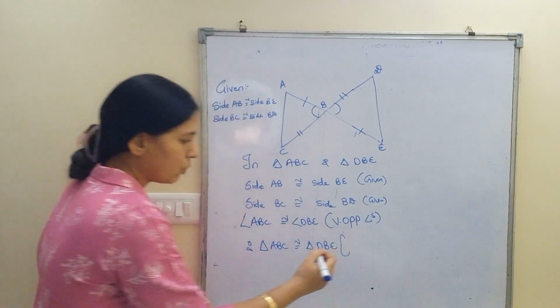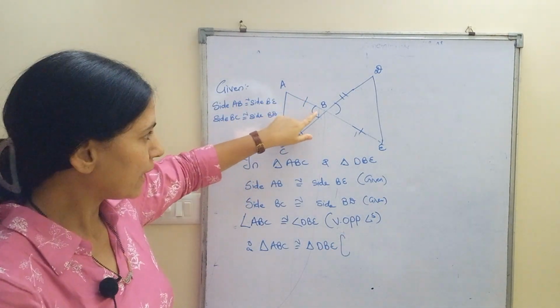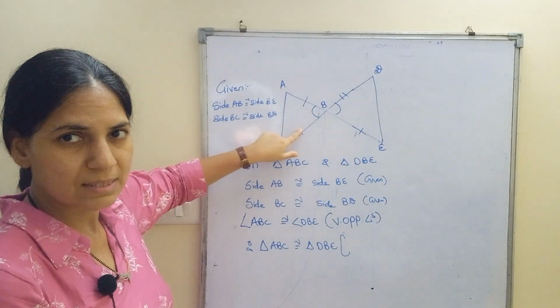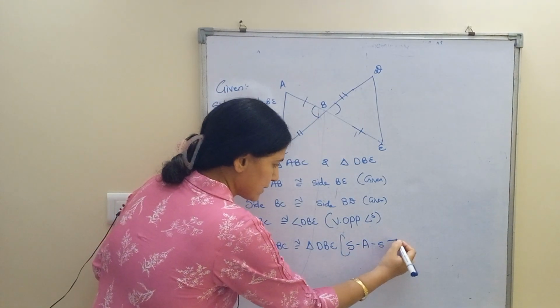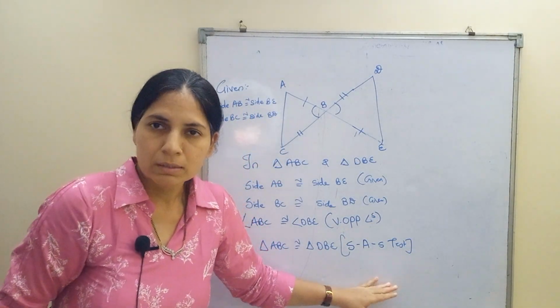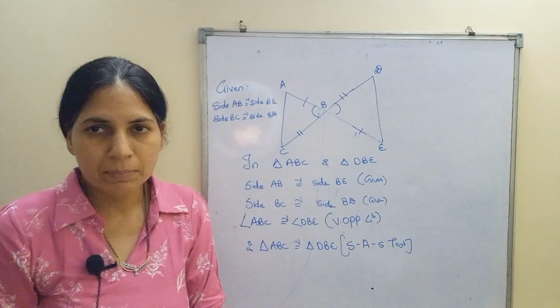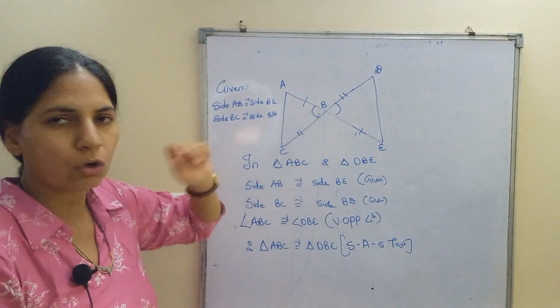My children, what is the test? Side, angle, side test. SAS test. Now, my dear students, when the triangles are congruent, the other parts which are not mentioned are also congruent. See what all we have stated: two sides and one angle.